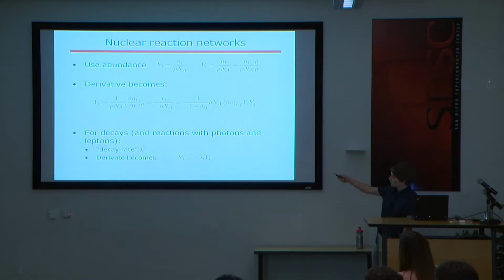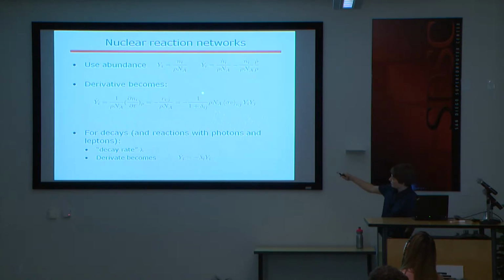So instead of having a time derivative for the number density, we now find the time derivative of the abundance. So using the definition of the abundance, this is what you get for the time derivative of the abundance. So now bringing back this reaction rate, the change in abundance is the rate divided by rho times Na.